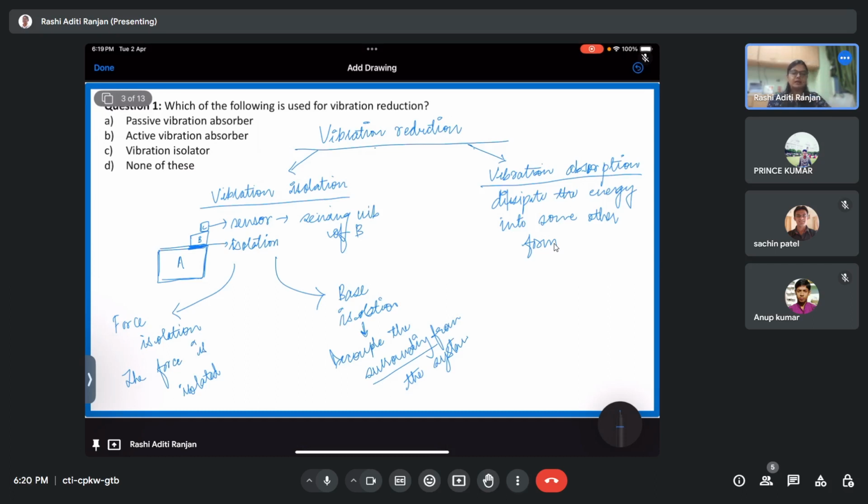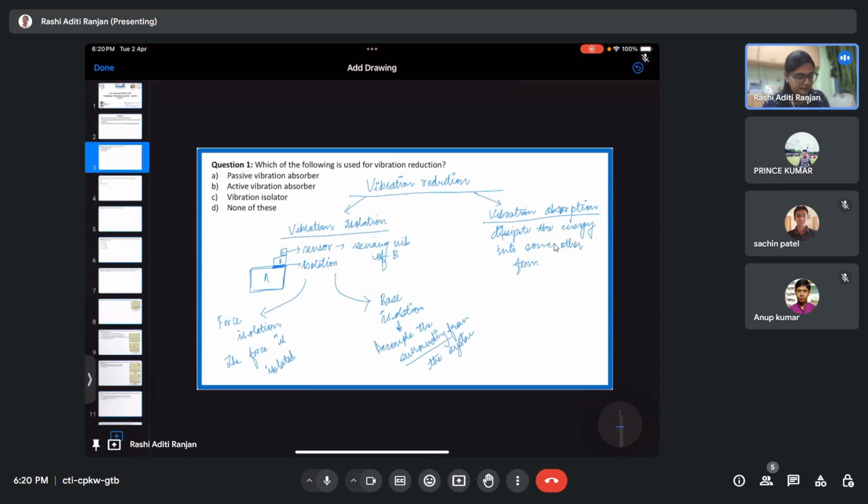That is done by absorbing. There is a suspension system, which is basically a type of viscous damper, so the viscosity of the liquid dissipates the vibration energy through heat. Now vibration absorption is further divided into four categories.